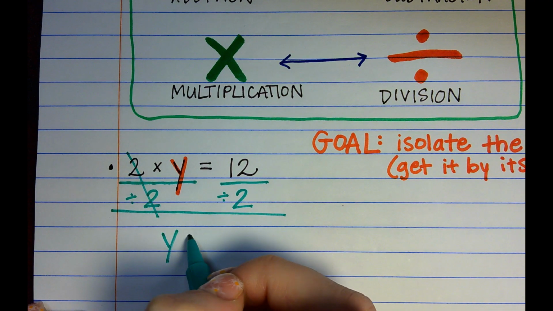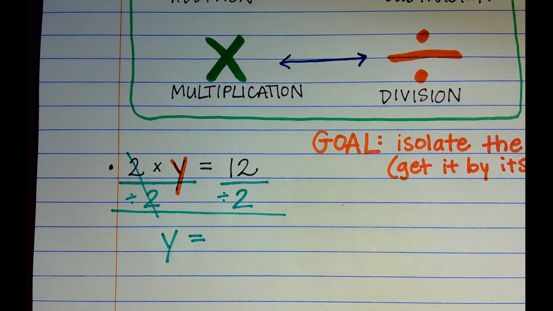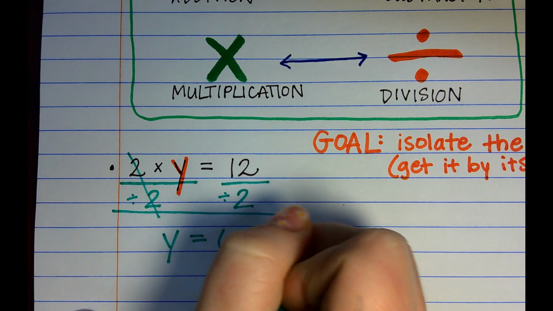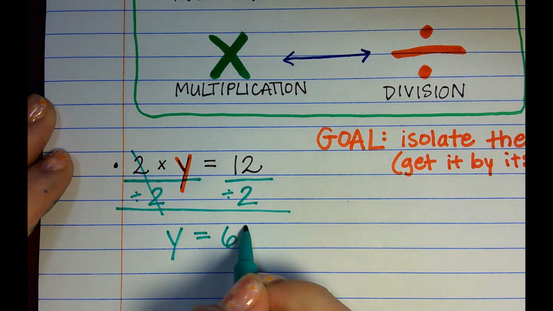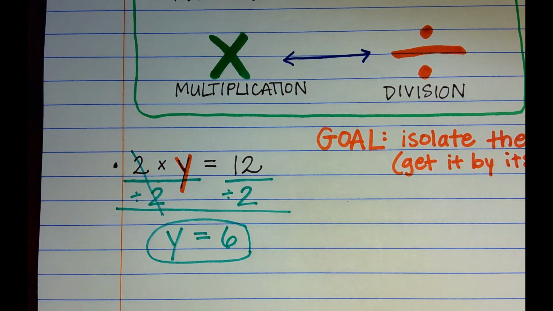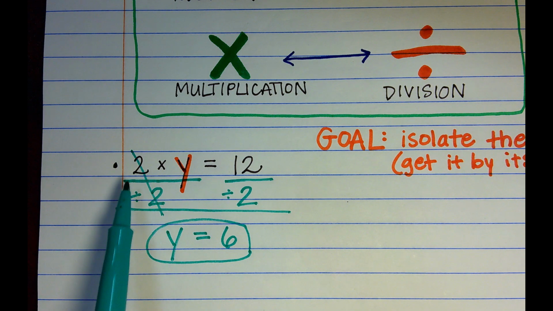We'll bring down our equal sign. And then what is 12 divided by 2? 6. Look at that. y equals 6. That's our answer. And we can check our answer because is 2 times 6 equal to 12? Yeah, it is. So we did it right. It works. Very good, guys.